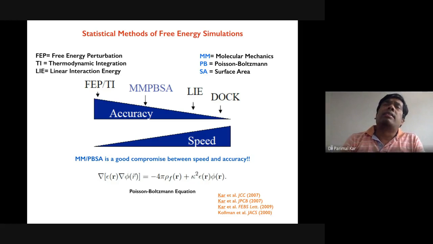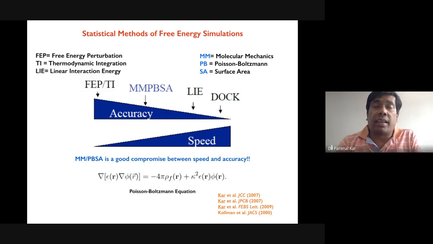So I said that from virtual screening, you reduce the number from millions of compounds to, say, hundreds of compounds. And then from docking studies, you further reduce the number from 100 to 20. Now, the question is, how do you reduce the number from 20 to 5?